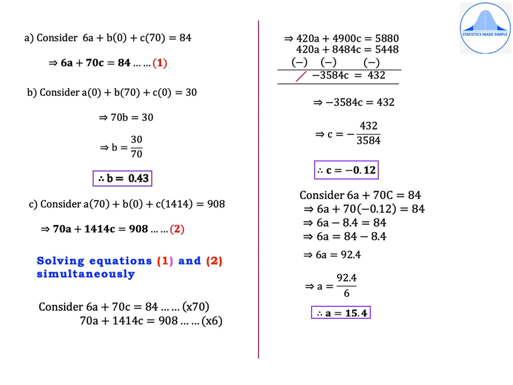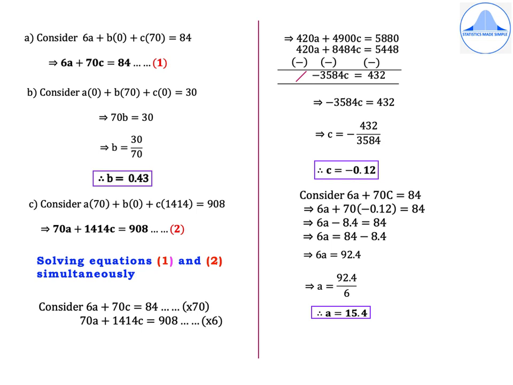Now to obtain the value of either a or c, the coefficients of a and c should be the same. So we multiply the first equation by 70 and the second equation by 6 throughout, so that the coefficients of a will be the same, and we get 420a plus 4900c is equal to 5880, and 420a plus 8484c is equal to 5448.